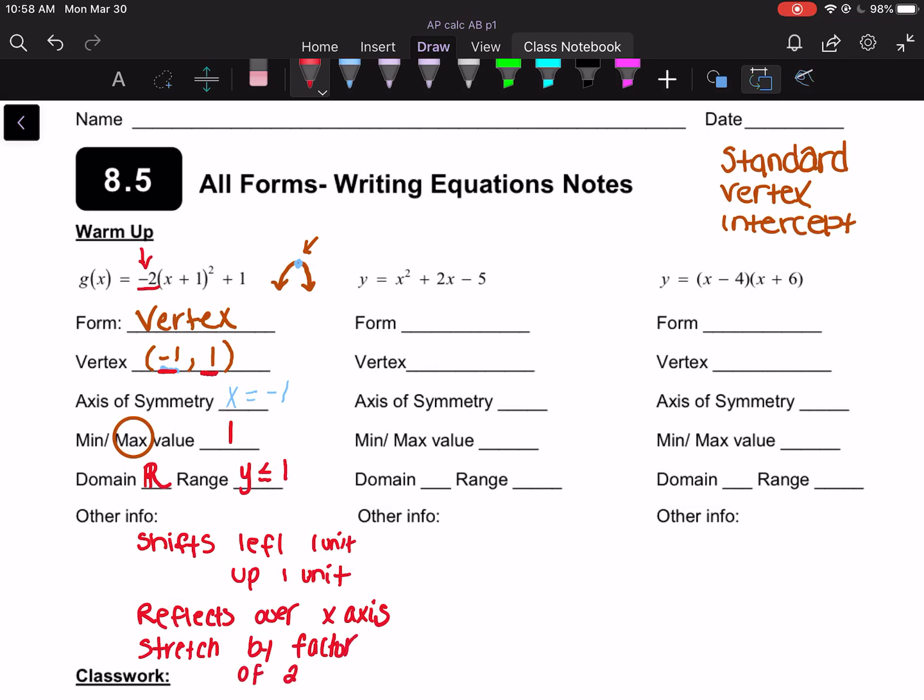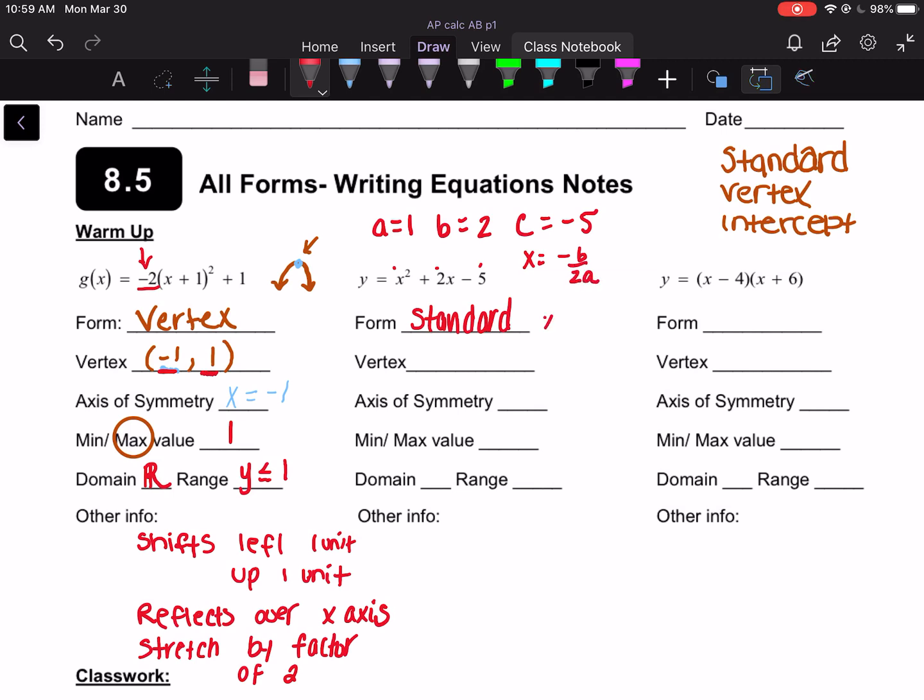All right. The next one is in standard form. You have your a, your b, and your c. So a equals 1, b equals 2, and c equals -5. I'm going to say that's standard form. The vertex comes from the equation x equals the opposite of b over 2a.